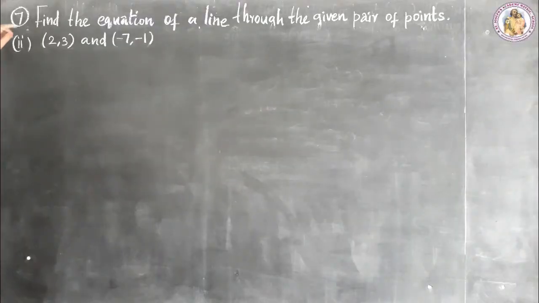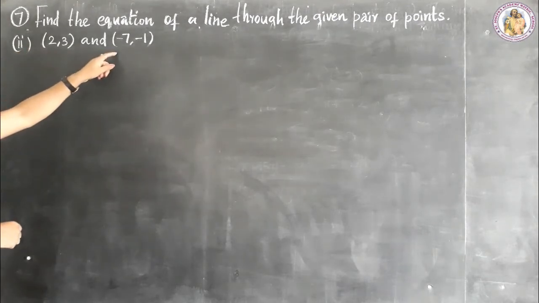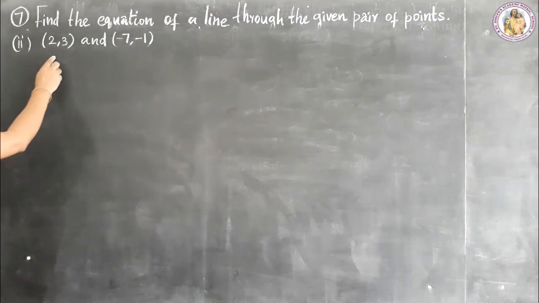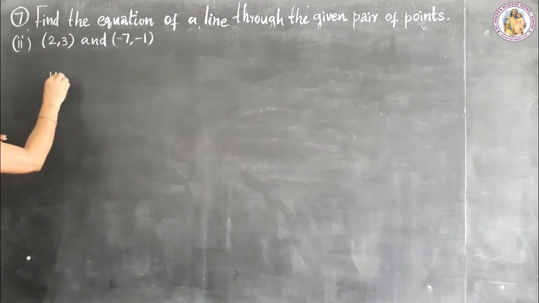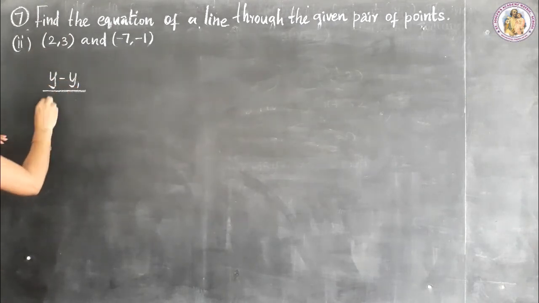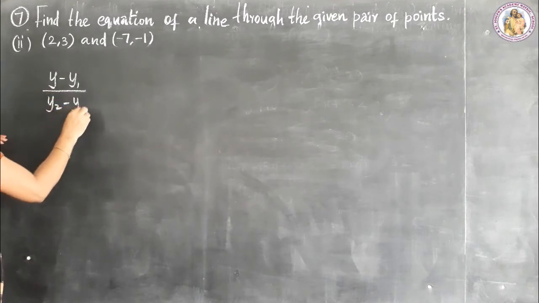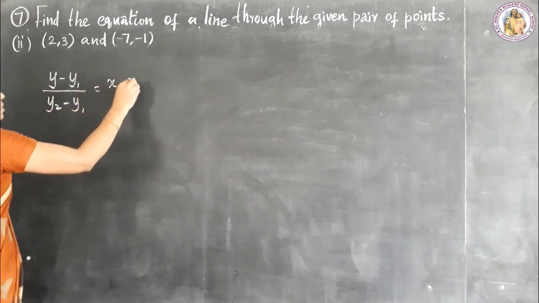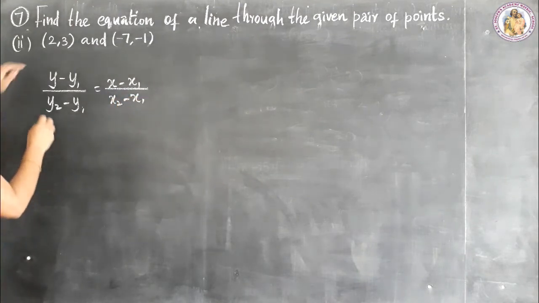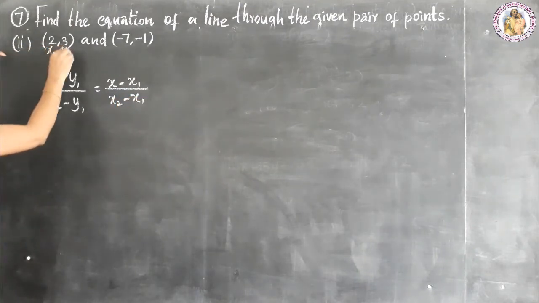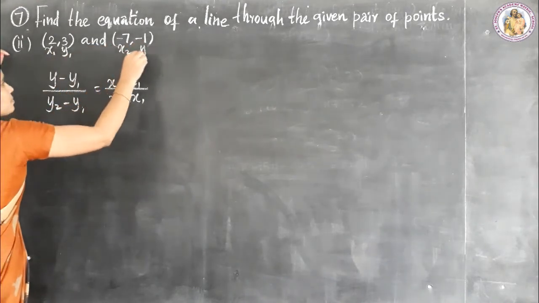Question number 7. Find the equation of a line through the given pair of points: (2, 3) and (minus 7, minus 1). Here, when the points are given, to find the equation, use (y minus y1) divided by (y2 minus y1) is equal to (x minus x1) divided by (x2 minus x1). Now take these points as (x1, y1) and (x2, y2).